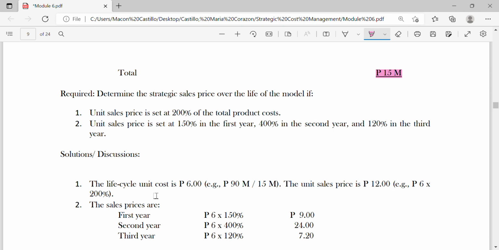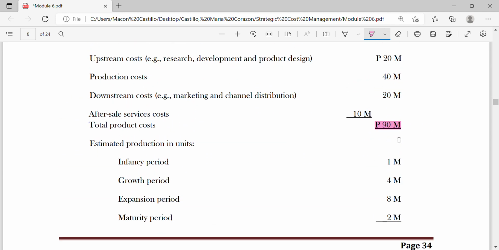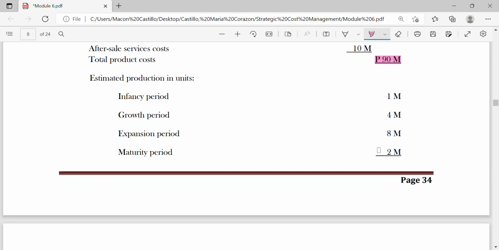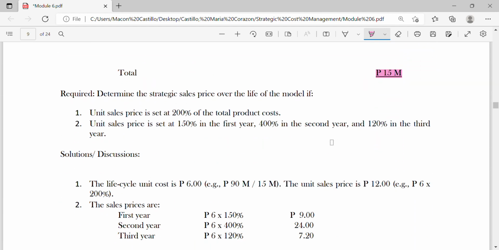So the life cycle unit cost is 6 pesos. How did you get the 6 pesos? The 90 million total product cost divided by the 15 million estimated units of production. So with that, the unit sales price is 12 pesos because it's 200% of the product cost.